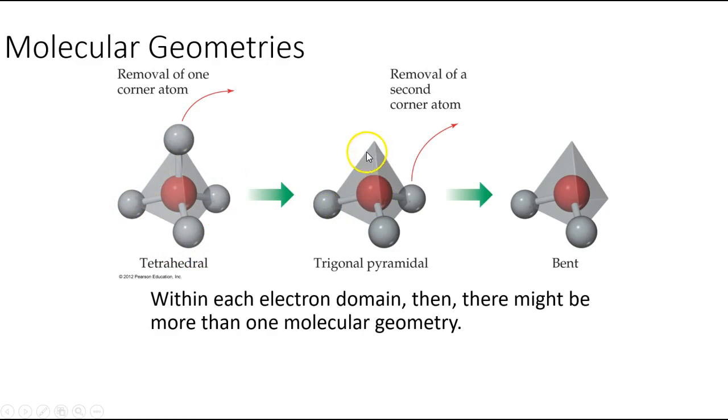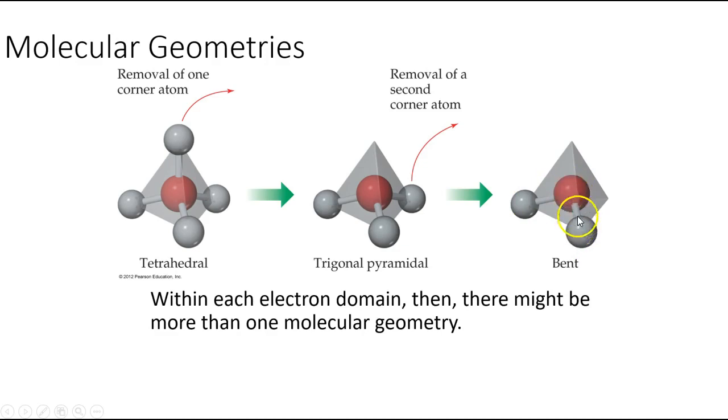If one of those domains is non-bonding instead of bonding, we remove that atom, but its electron pair remains there. For example, NH3, ammonia, has 4 total domains, 3 of which are bonding to hydrogen atoms, and 1 of which is non-bonding and just sits up here. And so it gives us this trigonal pyramidal geometry. And then this would represent water.